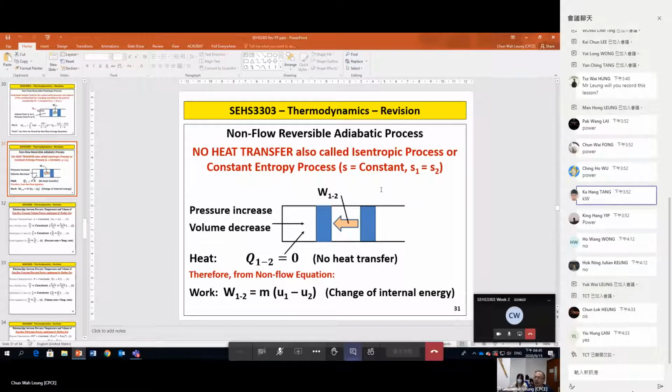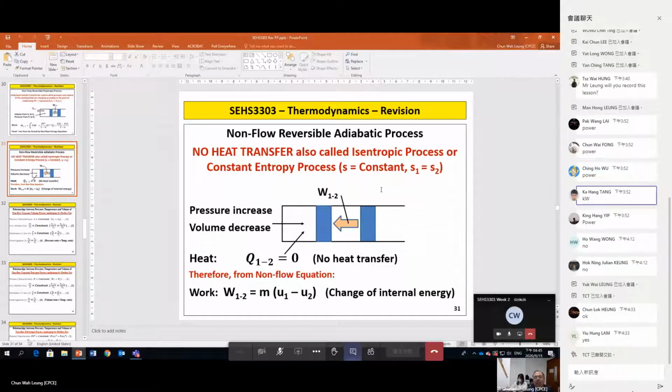I will explain it later on when we come to the steam power plant, and further explain how we make use of this property, entropy.